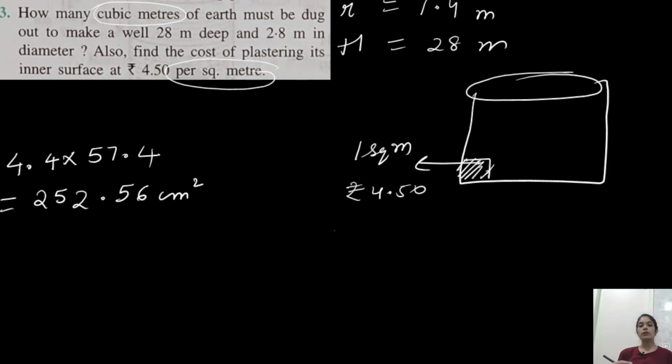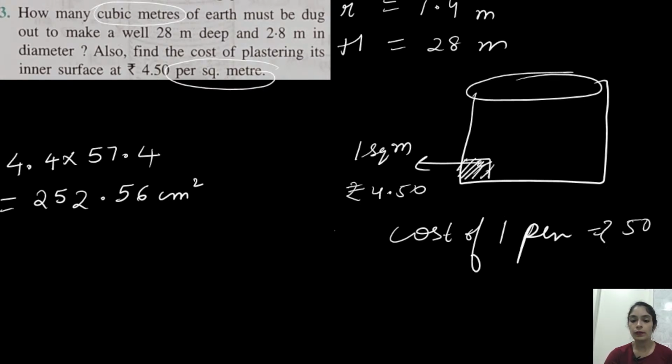Whenever the cost of 1 square meter is given to us, you have to relate this concept to that one. If I say the cost of 1 pen is 50 rupees, find the cost of 20 pens. So what will you do?